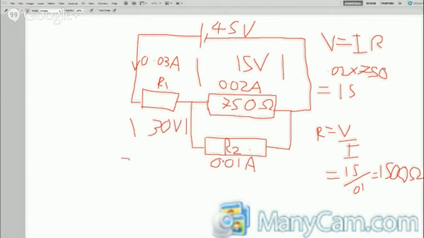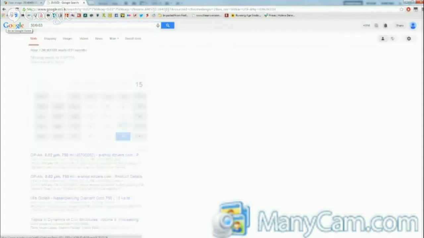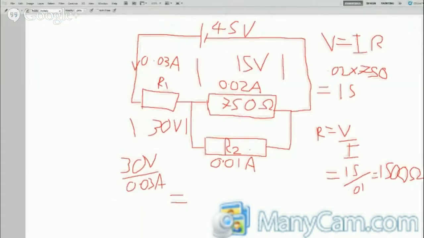So now we've got 30 volts and 0.03 amps, which is going to come out as 1000 ohms. So R1 is 1000, and R2 is 1500.